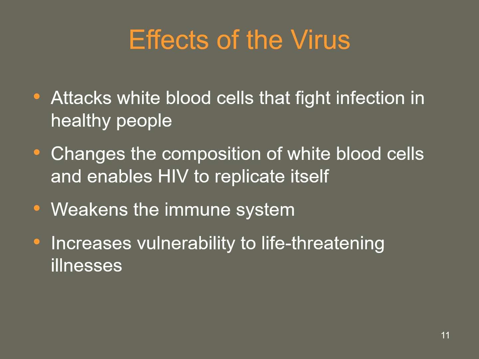Effects of the virus. The virus attacks white blood cells that fight infection in healthy people. So the major target of the virus is to attack white blood cells, especially those that fight infection in healthy people. It also changes the composition of white blood cells and enables HIV to replicate itself.